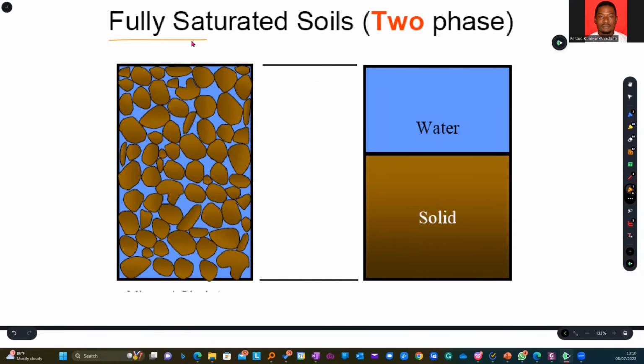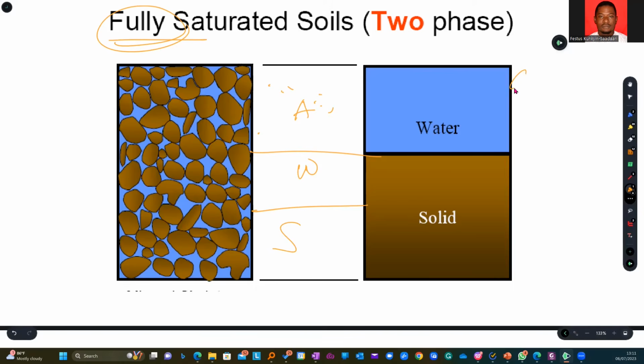When it is fully saturated, meaning all the voids within the soil sample are filled, then in the first instance we had three systems: the air, the water, and the solid. But where all the empty spaces are filled with water, it becomes a two-phase system, and we say the sample is fully saturated with water.